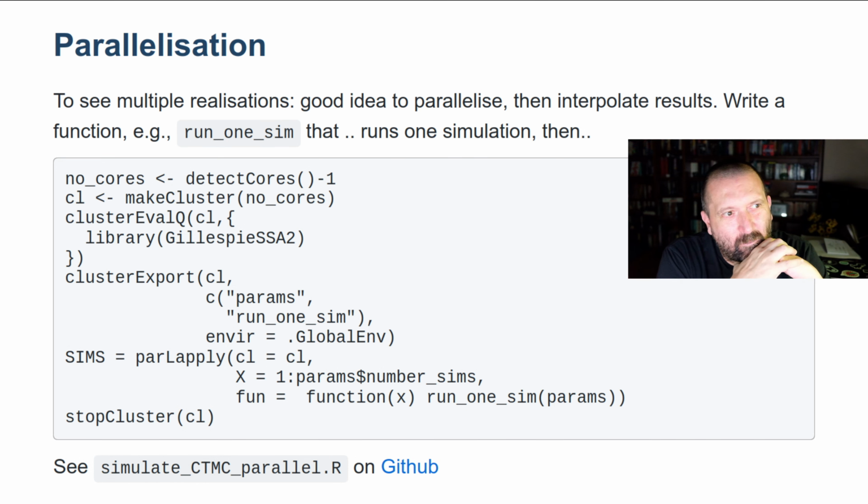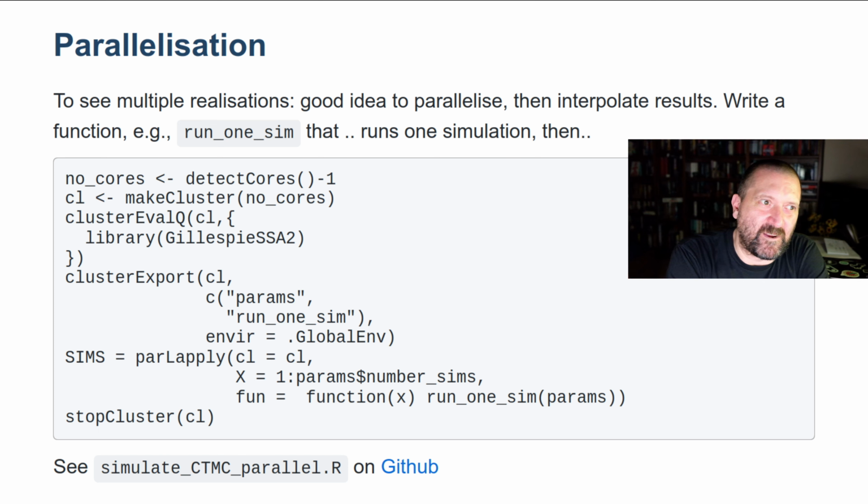When you're doing continuous time or discrete time Markov chains, or even deterministic simulations, but considering problems such as sensitivity analysis, which requires you to evaluate the behavior of the system for a wide range of parameter values, then it's a good idea to try to parallelize your code.